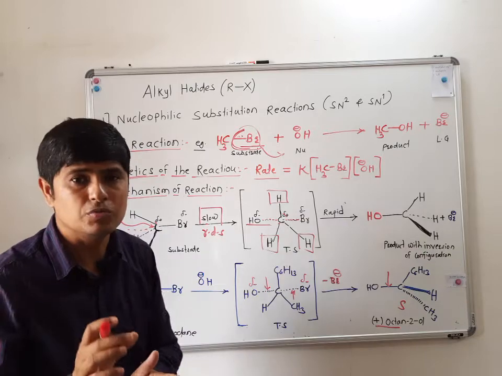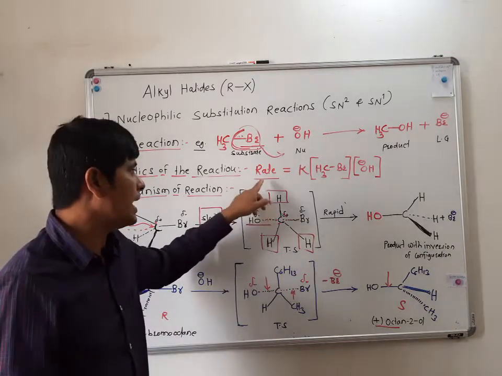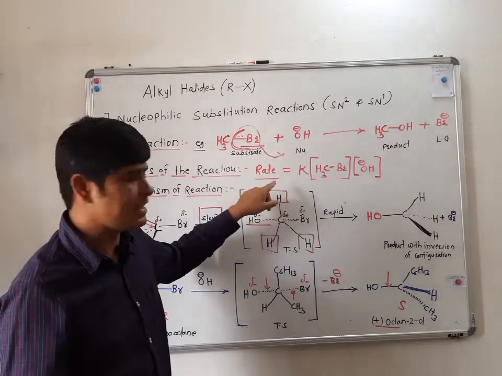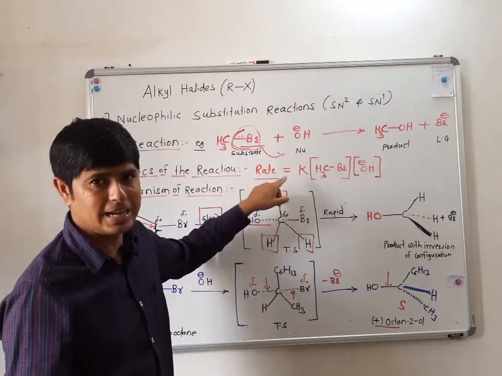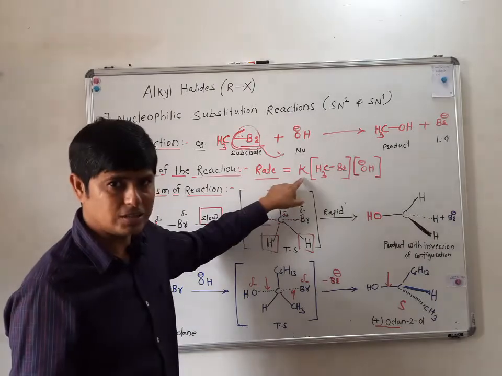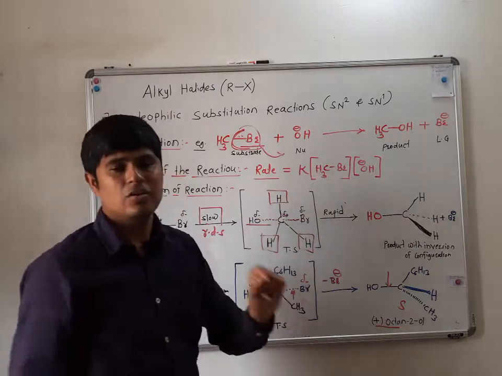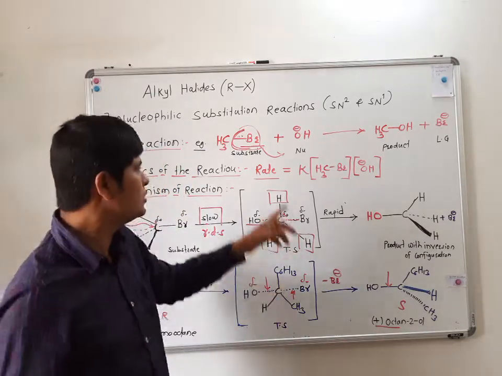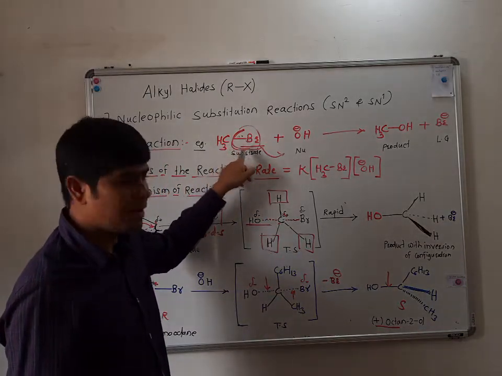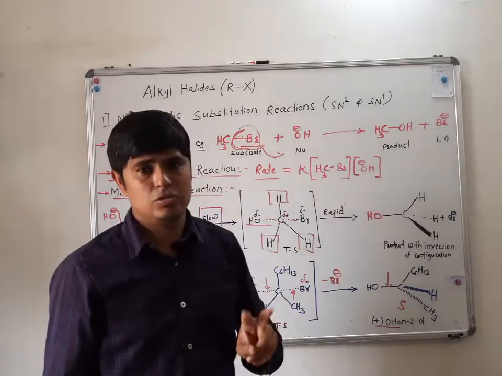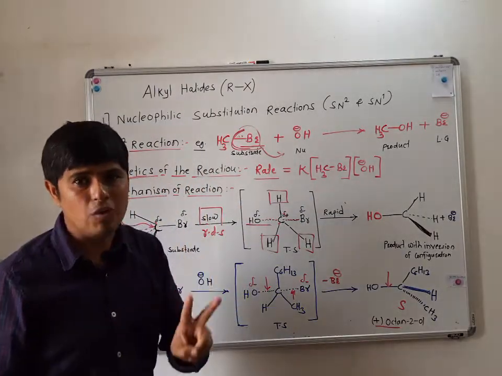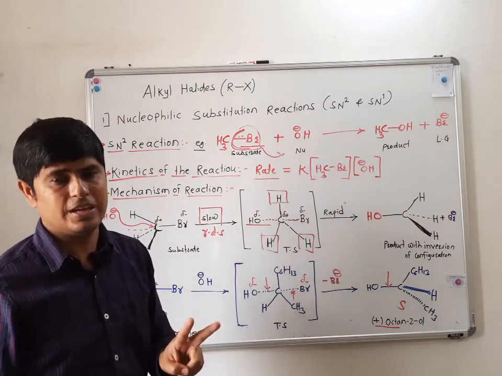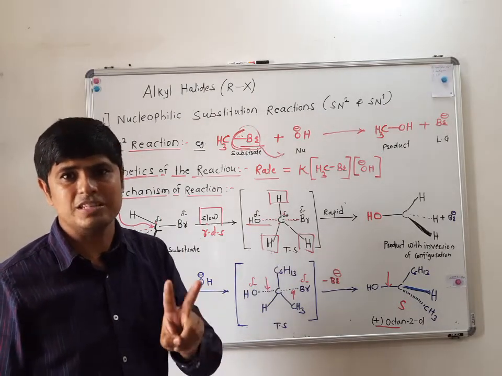Here the kinetics of this reaction states that the rate of this reaction is equal to the rate constant K multiplied by the concentration of both the starting materials, methyl bromide and hydroxide ion. So both the starting materials are involved in the rate determining step in the SN2 reaction. This is the kinetics of this reaction.